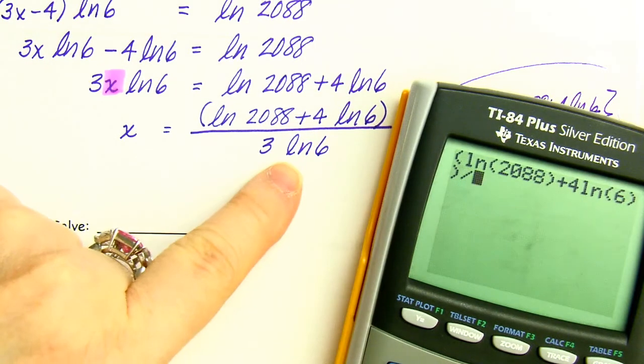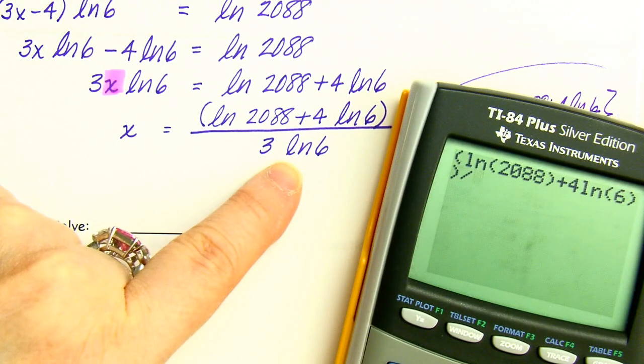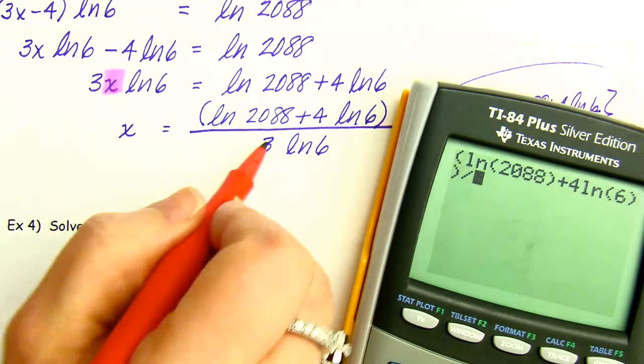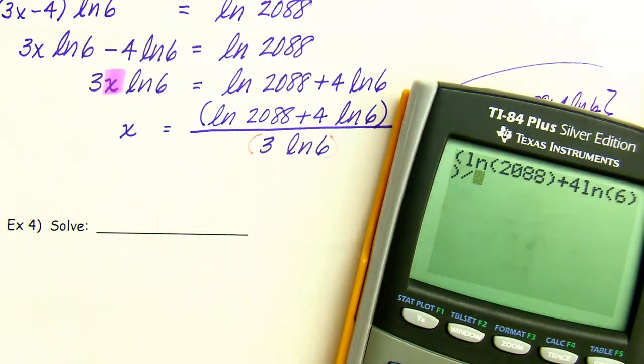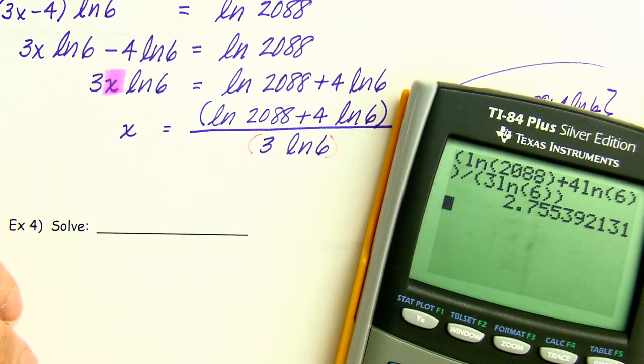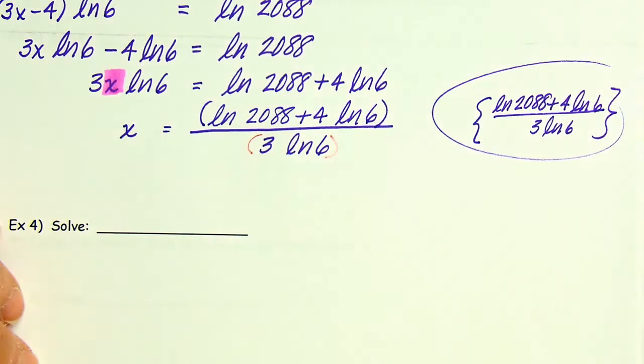Folks, you need parentheses here. You have to tell the calculator to divide by this product. So use the parentheses: open parenthesis, 3 ln 6, close, close. 2.755392131, or about 2.76.